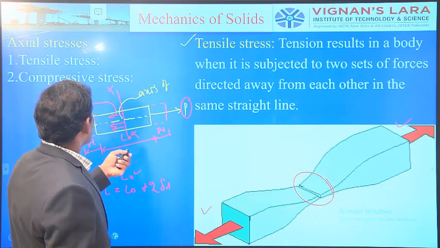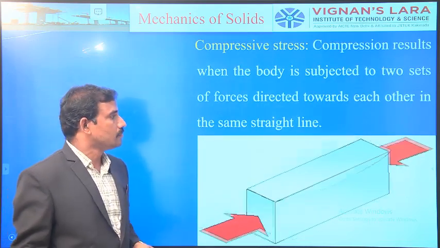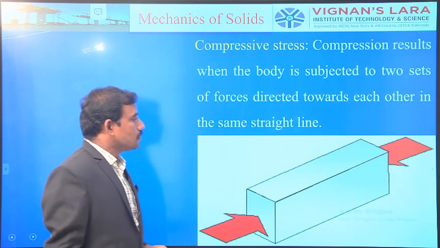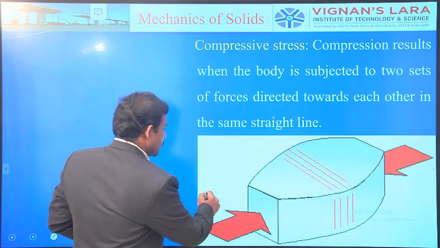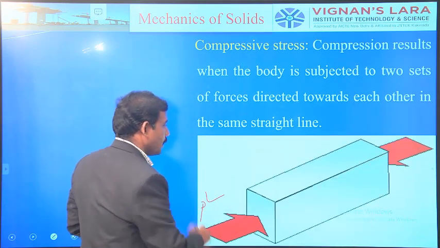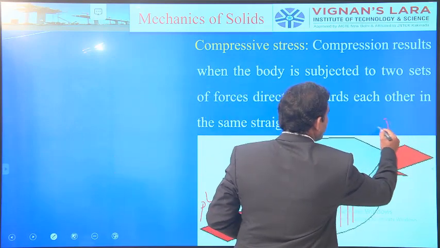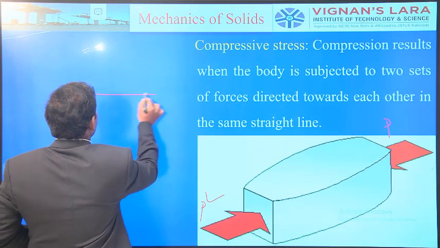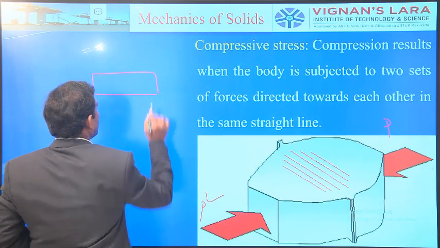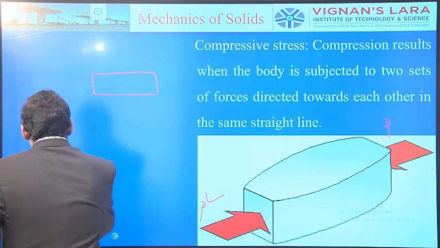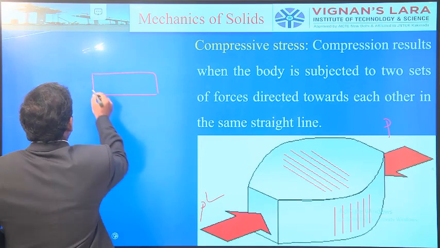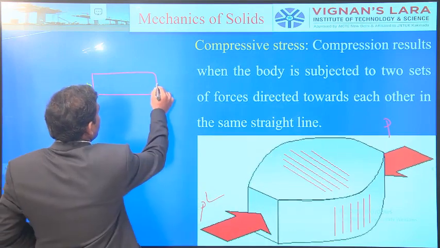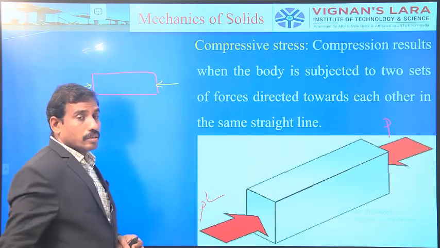Coming to the compressive stresses, very simple. The animation gives a better explanation. This is a force P applied, and this is also a force P applied axially. For example, this is the body, subjected to a force of the same magnitude in either direction on the same line.